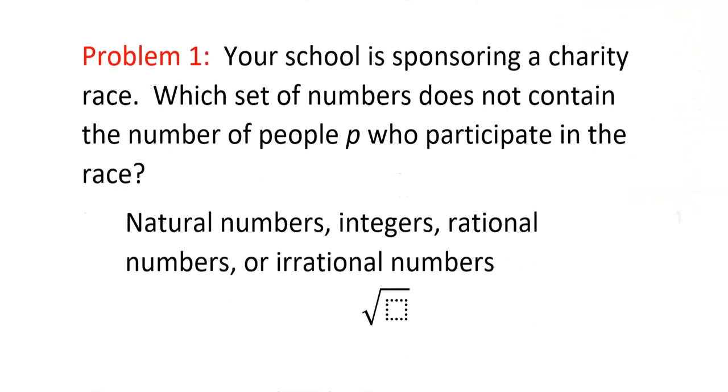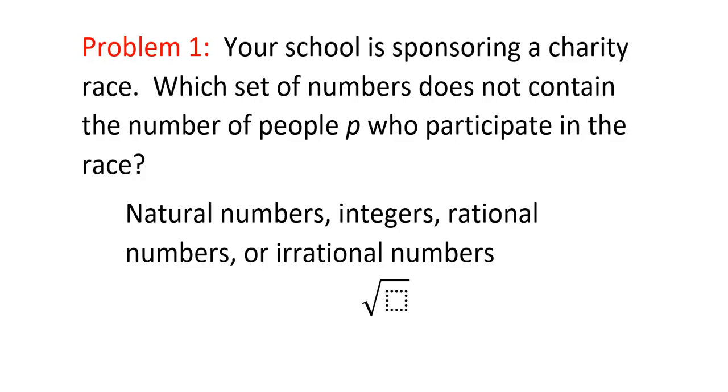Problem number 1, your school is sponsoring a charity race. Which set of numbers does not contain the number of people P who participate in the race? Natural numbers, integers, rational numbers, or irrational numbers? Since this one talks about the number of people, these are probably going to be counting numbers. It could be the positive integers.